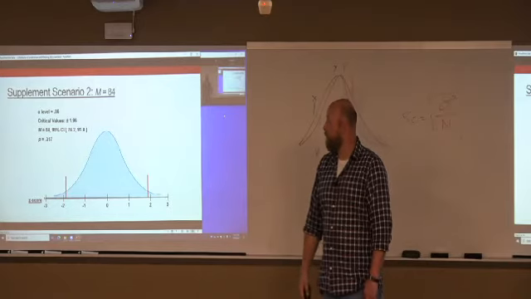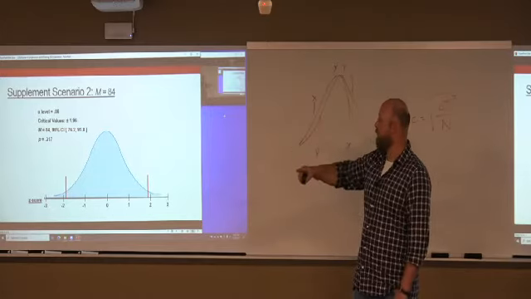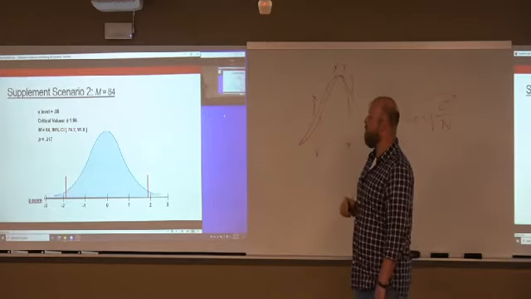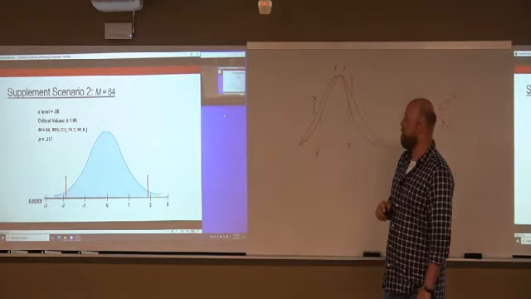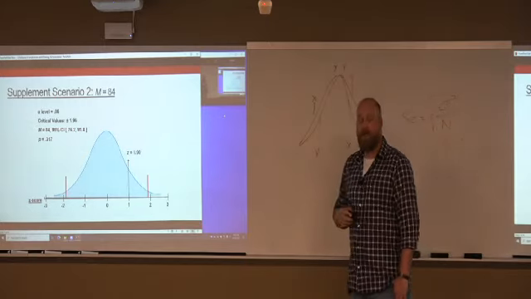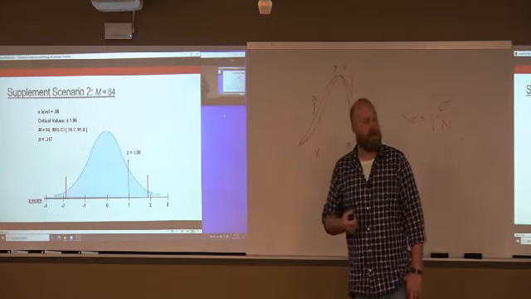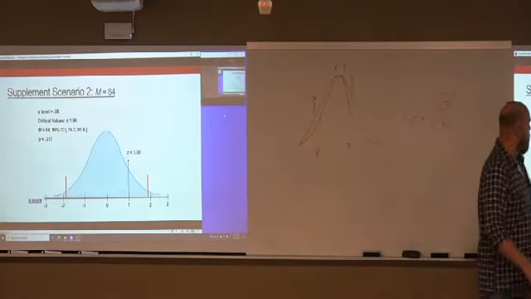Scenario 2, where I've got a mean of 84. Again, same alpha level, same critical value, but this time the estimate is much lower. My confidence bound runs from 76.2 to 91.8. And if I document where my z-score of 1 is, it's well within that body of the distribution, right? It's not what I would expect.